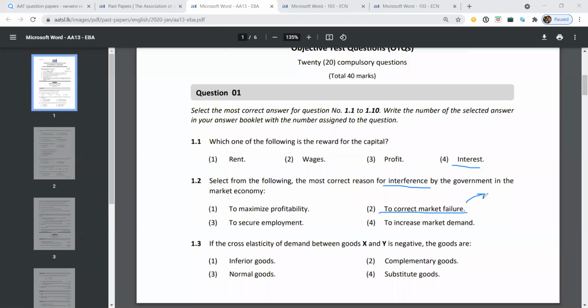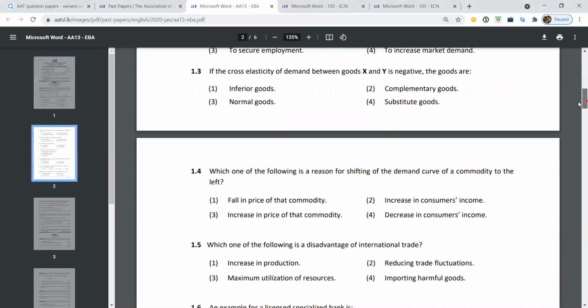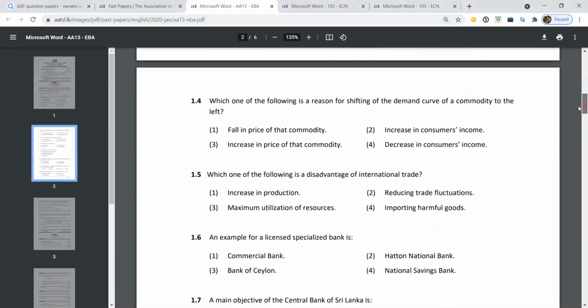If the cross elasticity of demand between X and Y is negative, it means complementary goods. If it is positive, substitute goods. Which of the following is a reason for shifting the demand curve of a commodity to the left?